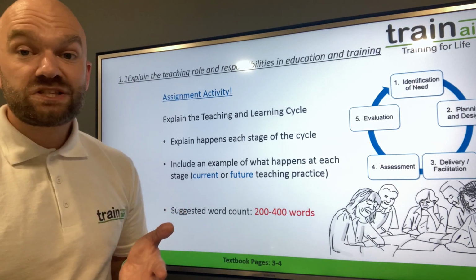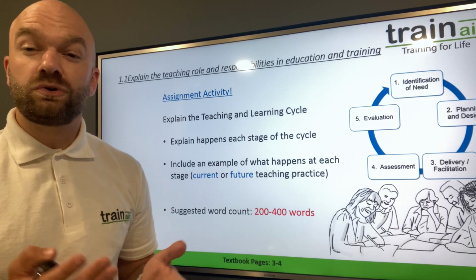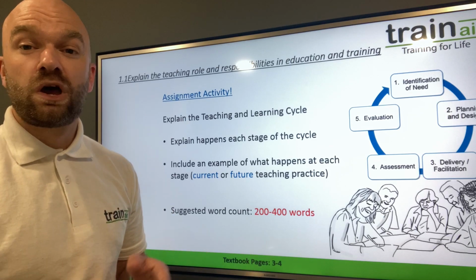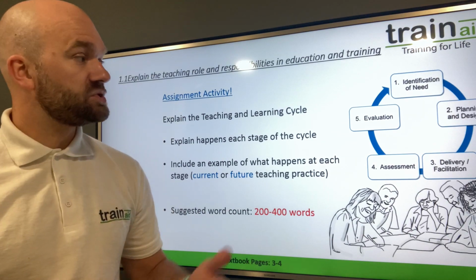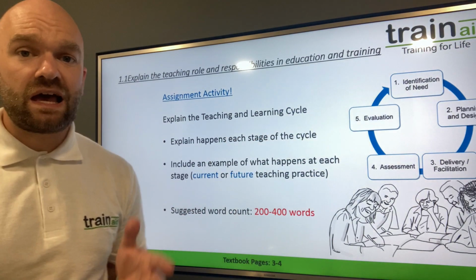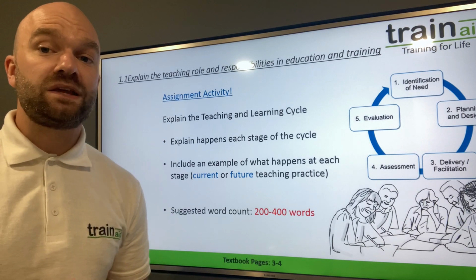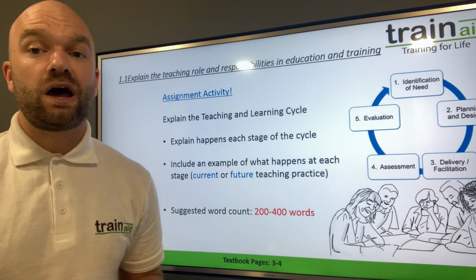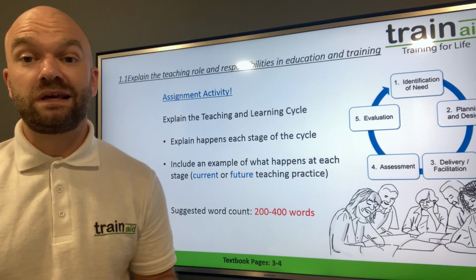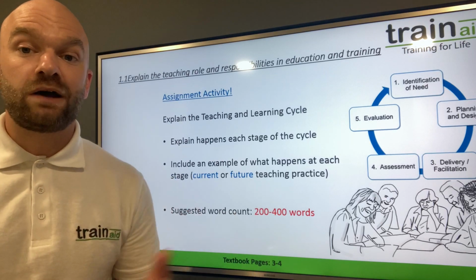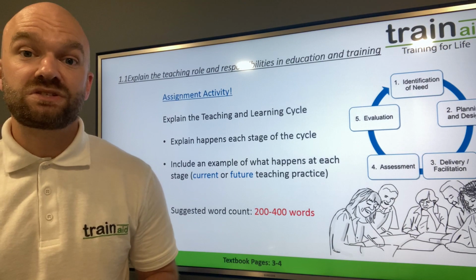Assessment, so whether or not you're going to use perhaps exams, coursework within your very own course, and finally evaluation, how you are going to evaluate and gain feedback about your course. This could be gaining feedback from learners, from colleagues, for example, sending out electronic surveys.